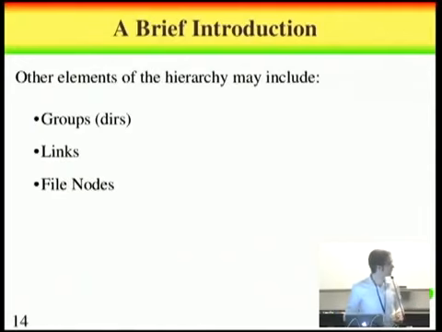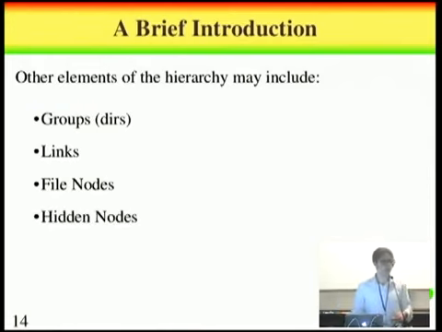There are file nodes, which unfortunately we don't have time to talk about in too much detail. And then there are hidden nodes. In the same way that you might have hidden files or hidden directories, you can also have hidden data sets and hidden groups in HDF5. They're basically nodes without a name.